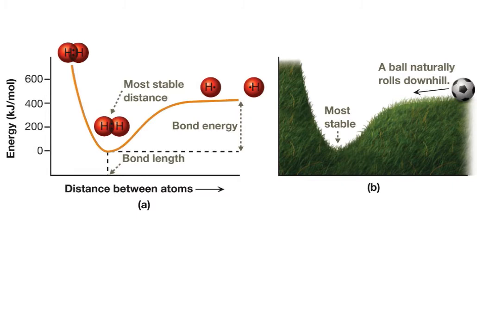So this figure takes those two concepts and ties them together. Here you can see energy on the y-axis, and then you have the distance between atoms on the x-axis, or the bond length.